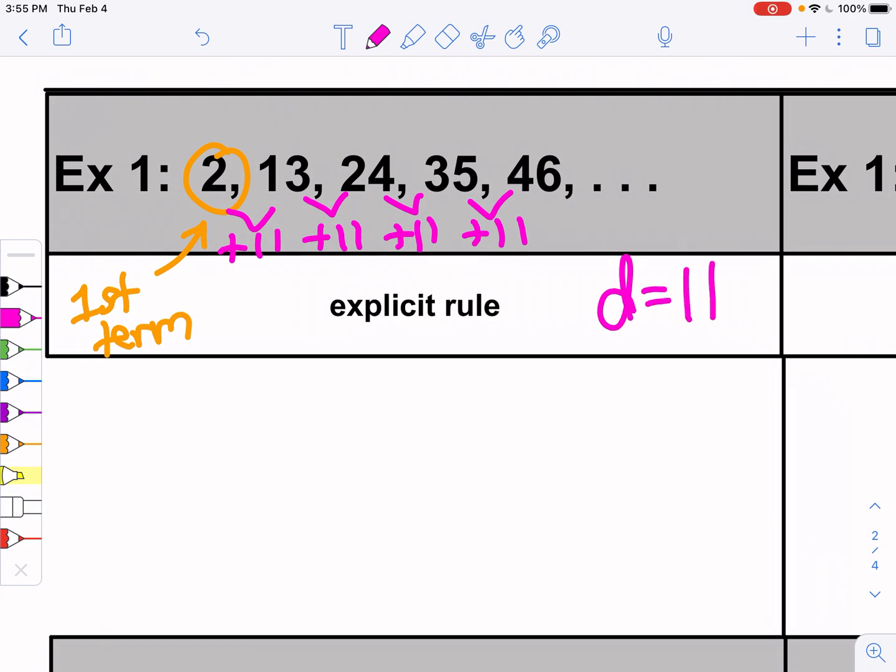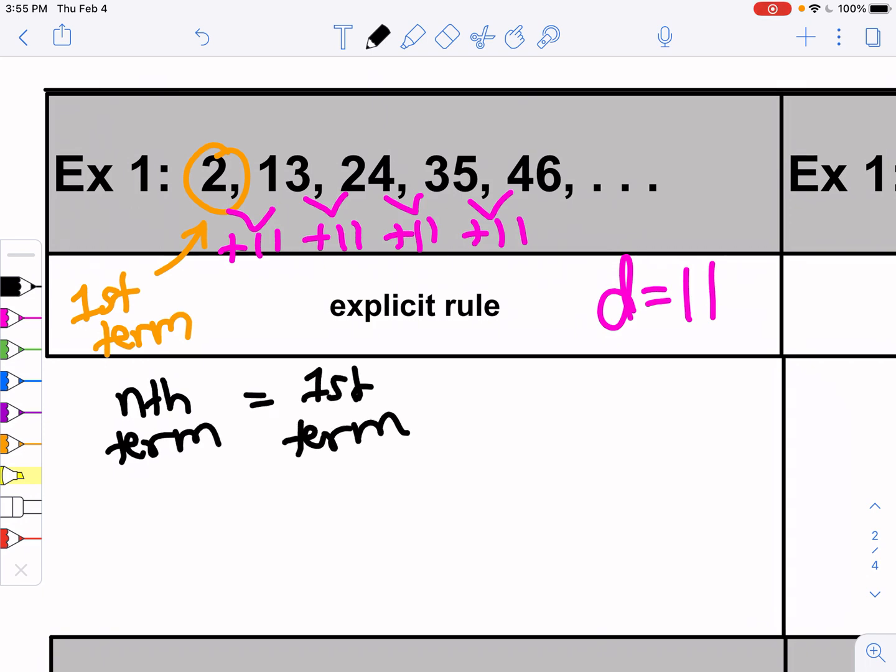So when we look at this, we know that the explicit rule is written like this. The nth term equals the first term plus the common difference n minus 1 times.